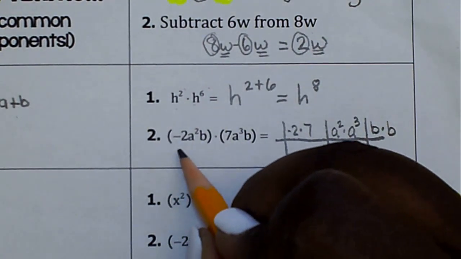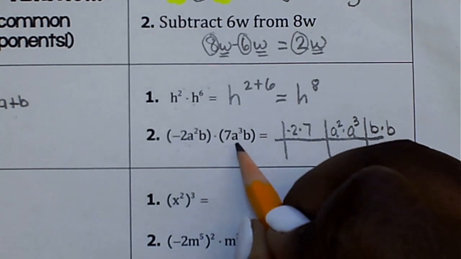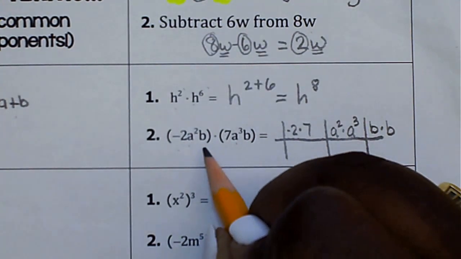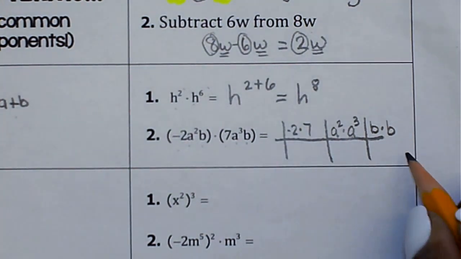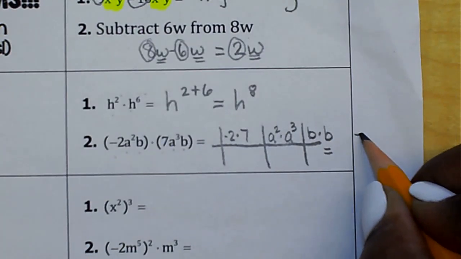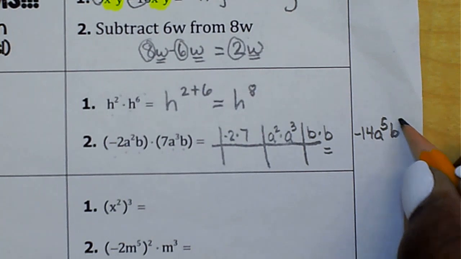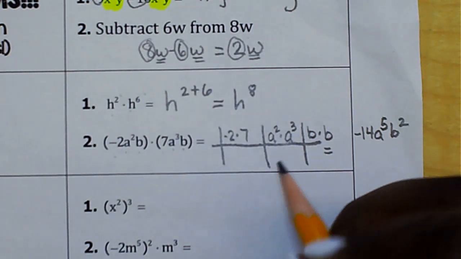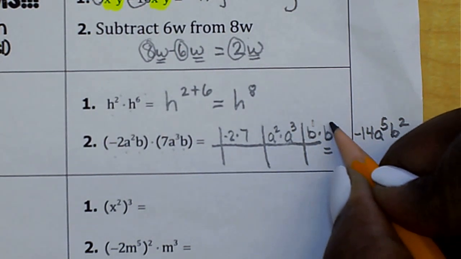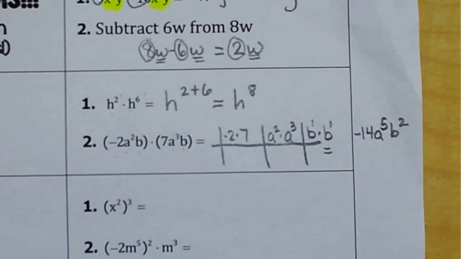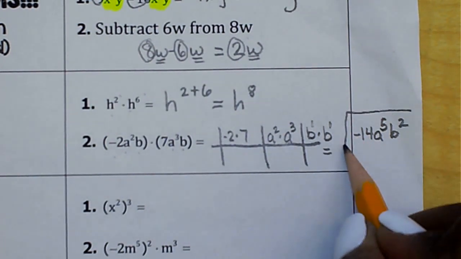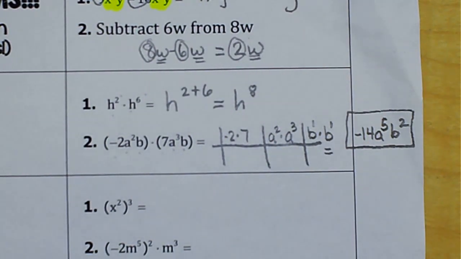Because my coefficients go with each other, my a squared and a cubed go together, and my b and b go together. So this comes out to be a negative 14, a to the fifth, b to the second. How did I get 2? Because there's an invisible 1 here for each of those b's. So my answer is negative 14, a to the fifth, b to the second. That's called the product rule.